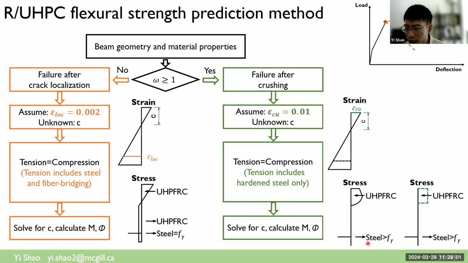And then very importantly, we need to consider the post-yield hardening strength of our steel rebar, because the steel has hardened to take over the tension force. So we need to consider not only the yielding strength, but also the post-yield hardening strength of steel rebar. And similarly, after formulating the force equilibrium, we can solve for the compressive zone depth, and we can calculate the moment and the curvature.